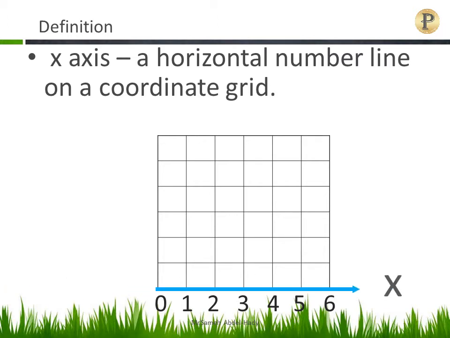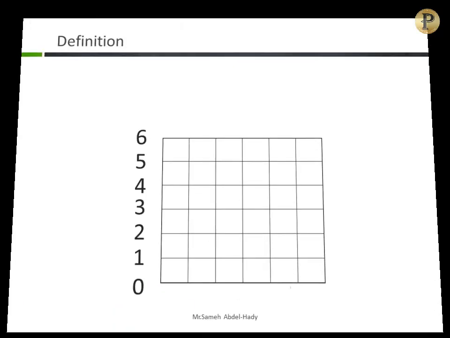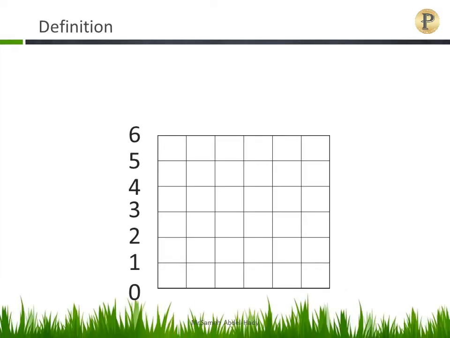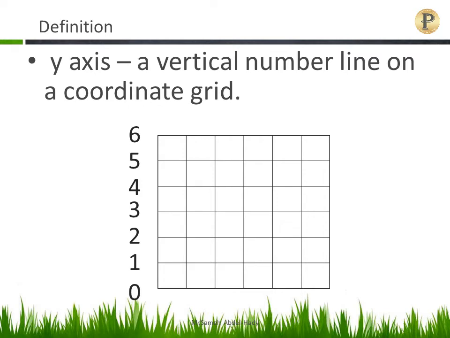You see x-axis. And y-axis, a vertical number line on a coordinate grid. You see y-axis.